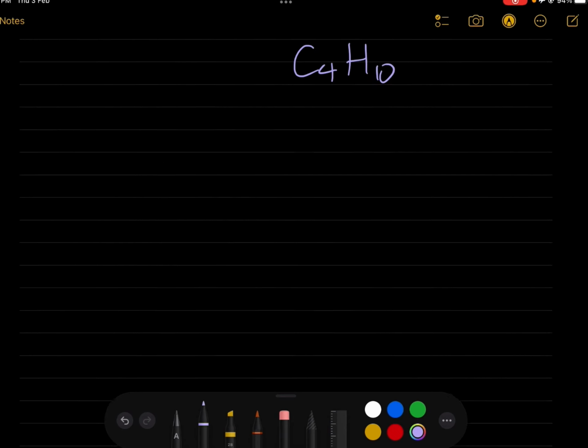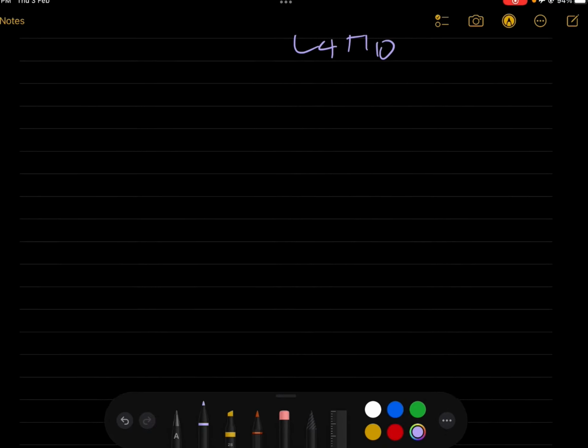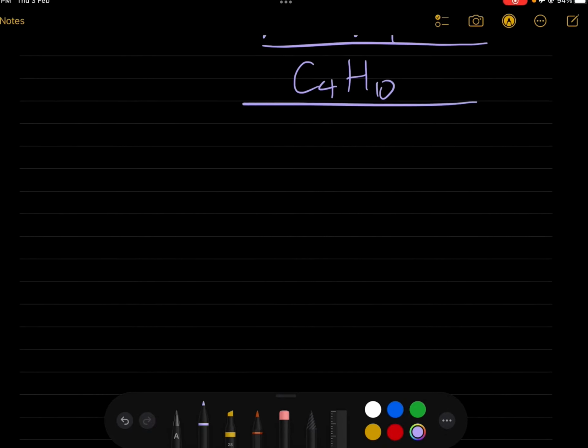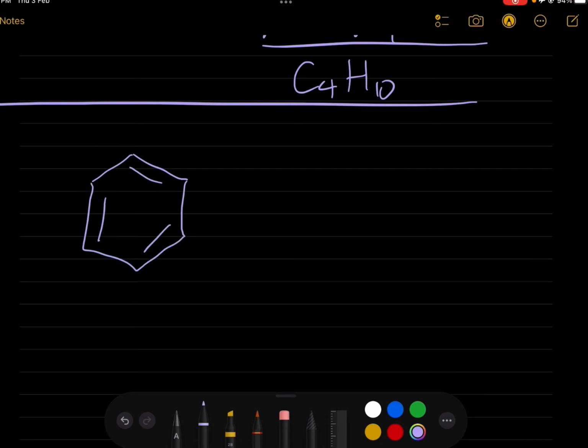Let's take another example, which is a little bit complicated. Okay, if I give you this one here. By the way, this is benzene. This is the benzene molecule.